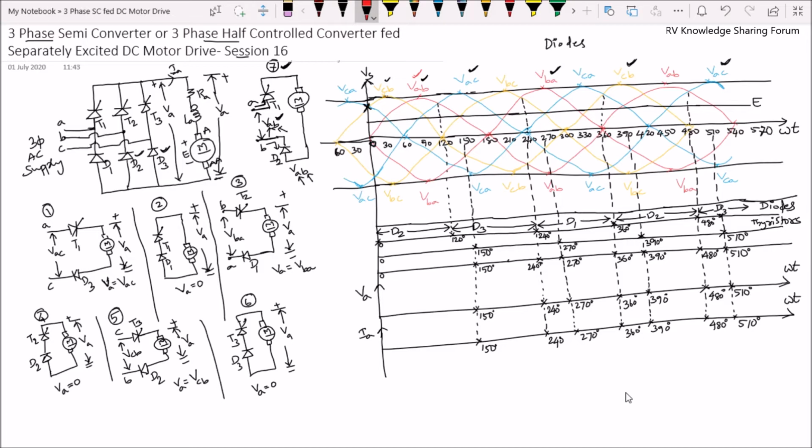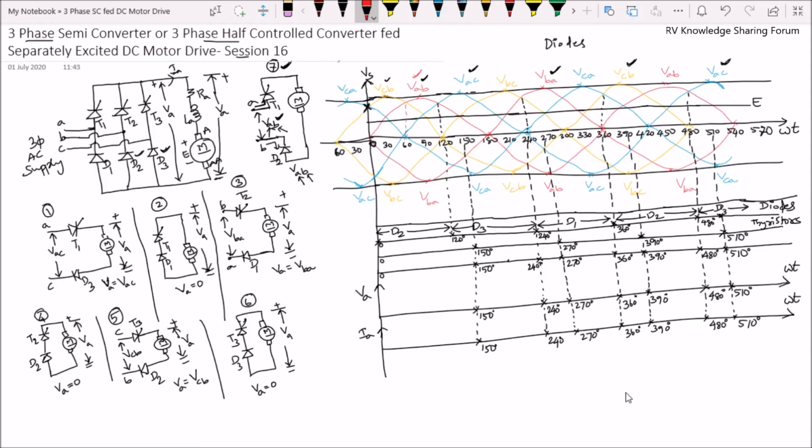In your main circuit, if you refer, the line A is connected to the thyristor T1. Here the line voltage VAB becomes more positive at 60 degrees, right? I am marking here in red color. So at an angle of 60 degrees, the line voltage VAB becomes more positive.